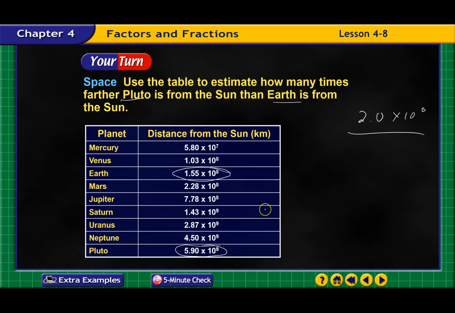And the bottom one is going to be 6.0 times 10 to the 9th. So 2 divided by 6 is going to be 0.3 times 10 to the negative 1. So if we move that over, it's going to be 30. Wait a minute, that'd be negative. Yep.